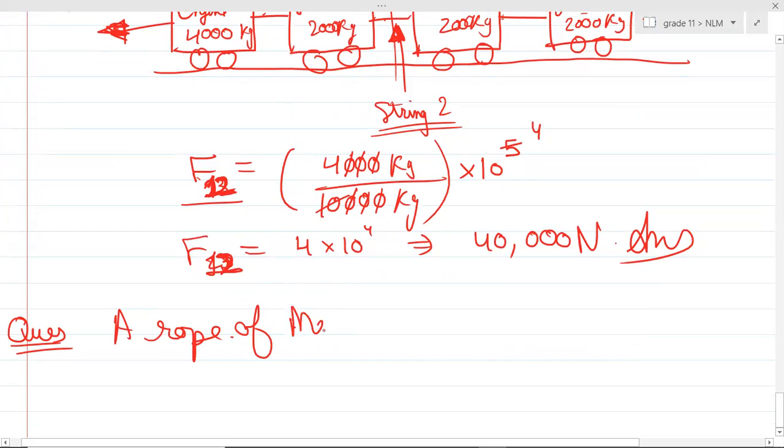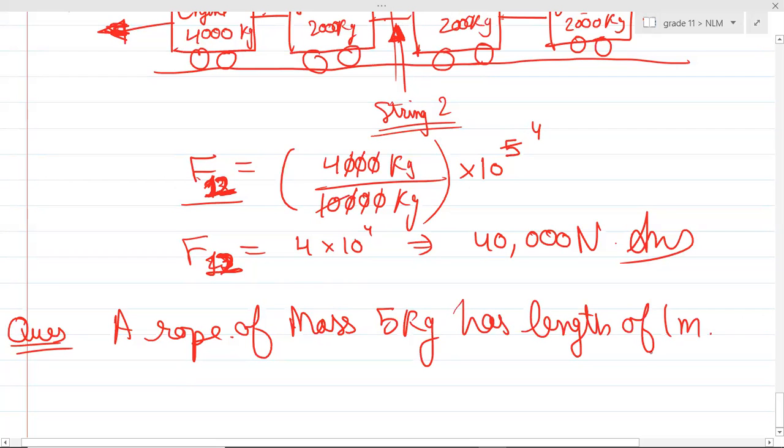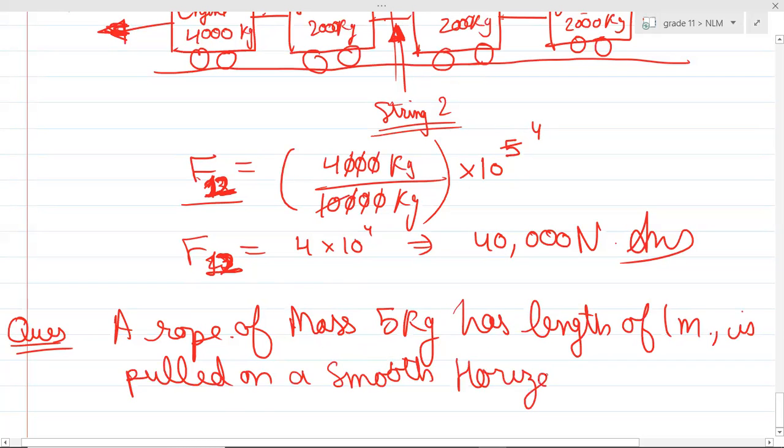A rope of a mass 5 kg has a length of 1 meter. Can you see the rope is not identical? The rope of mass 5 kg has a length of 1 meter, is pulled on a smooth horizontal surface.